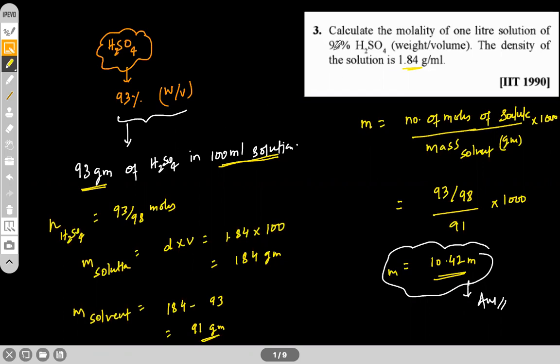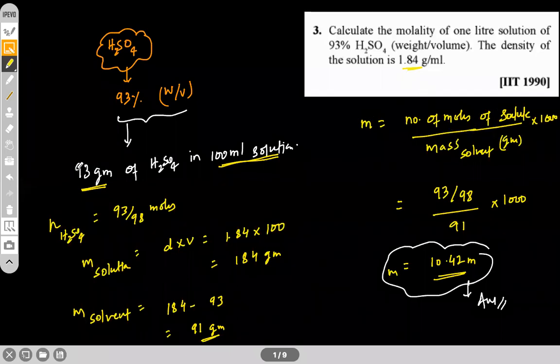So 93% means per 100 ml of solution, 93 gram of solute, that is H2SO4, is present. So when you know this formula of molality, moles of solute by mass of solvent in gram, you need to find out moles and mass of solvent.